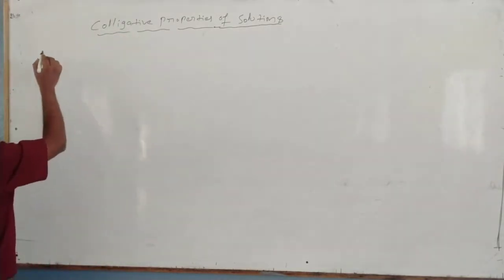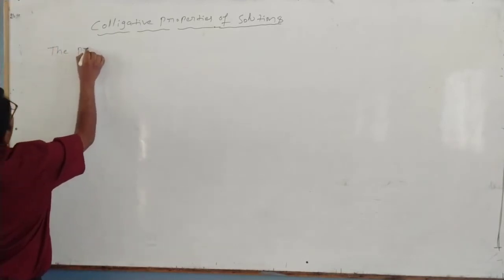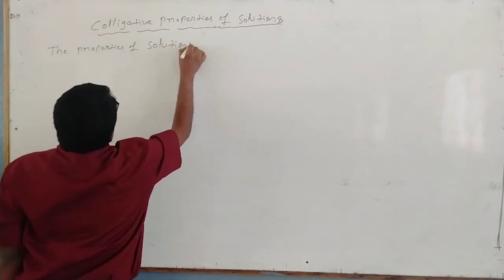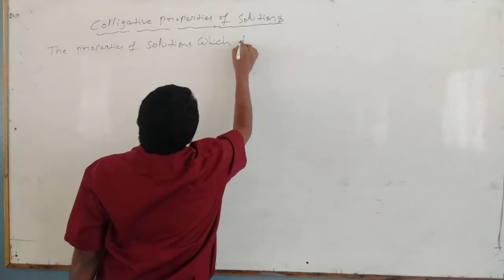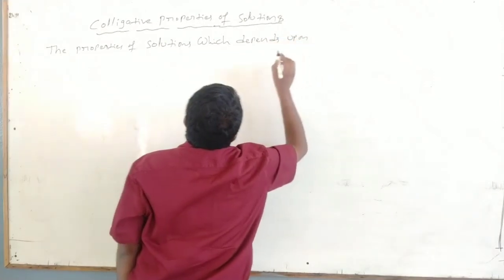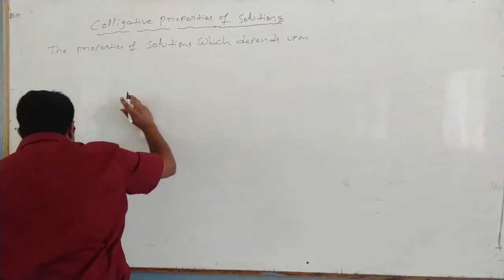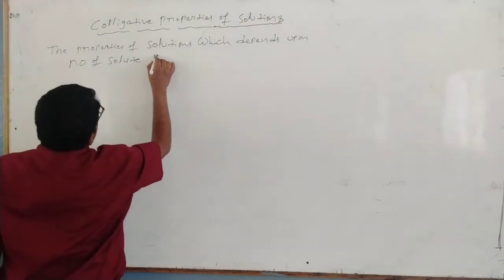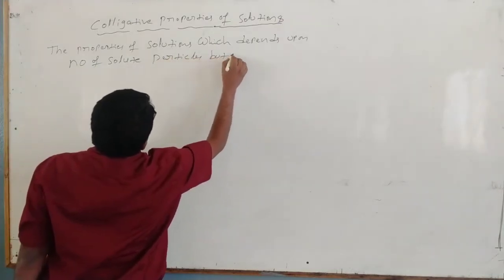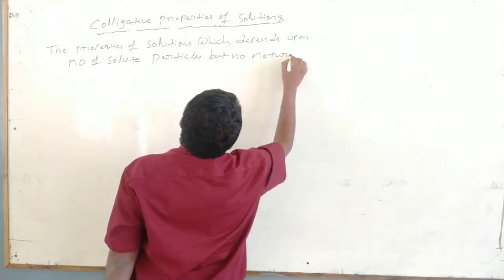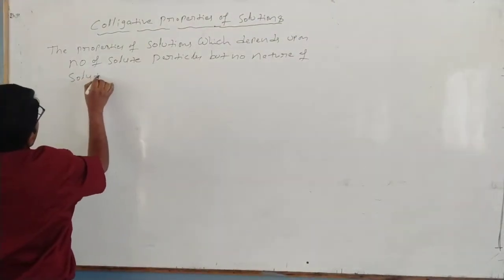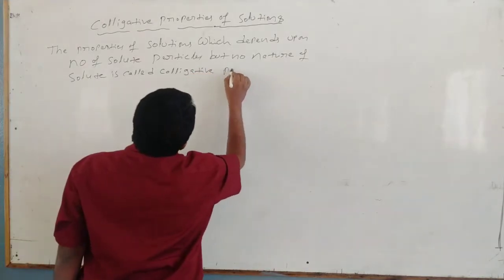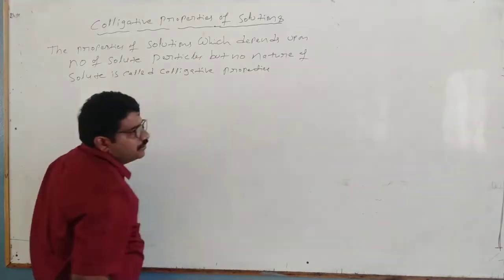For the definition: the property of solutions which depends upon the number of solute particles, but not the nature of the solutes, is called a colligative property.